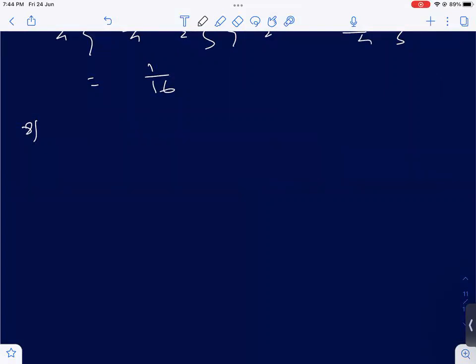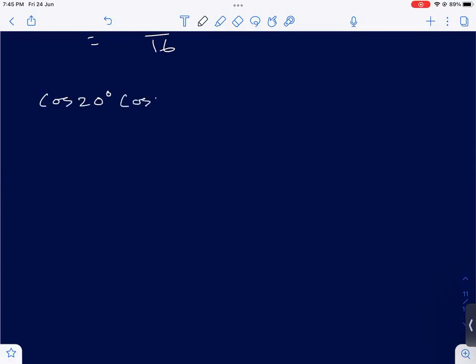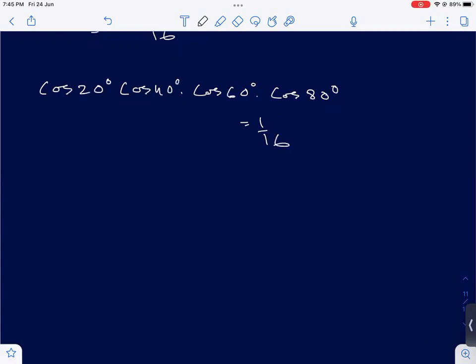Actually, the result is the value which you have done in class: cos 20 into cos 40 into cos 60 into cos 80. This is very famous, using the transformation formulas, and has been done in the class. So this is also 1 by 16.